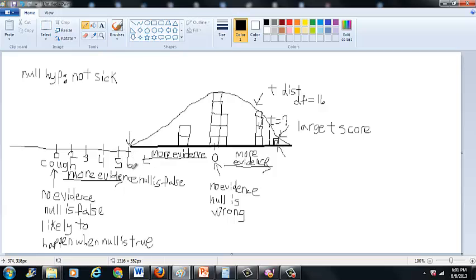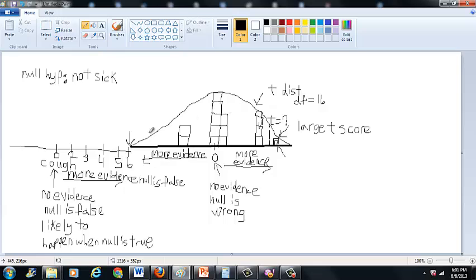And since it's unlikely to happen in this hypothetical situation where you're not sick, it's an event that lets you reject this null hypothesis. So coughing 6 times is rare if you're not sick, if the null is true, just like how getting this large t-score in the rejection region is rare or unlikely in the situation where the null hypothesis of your study is true.